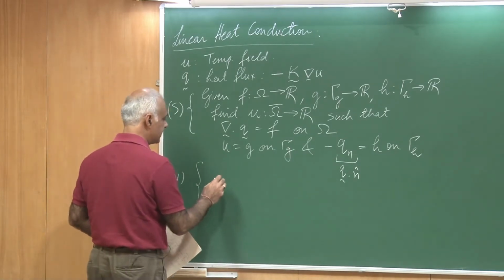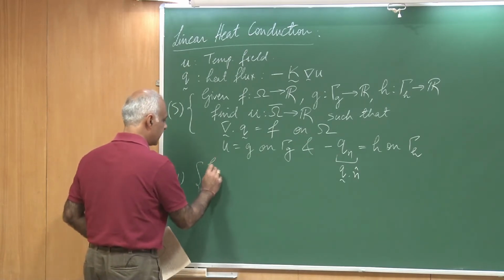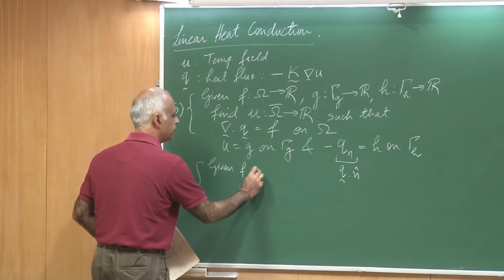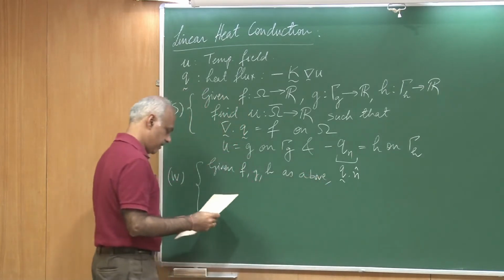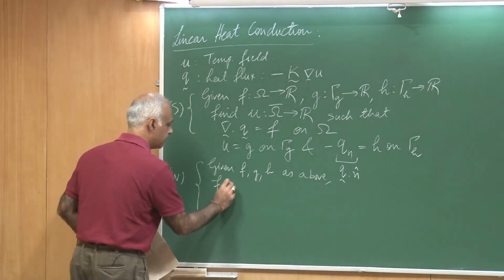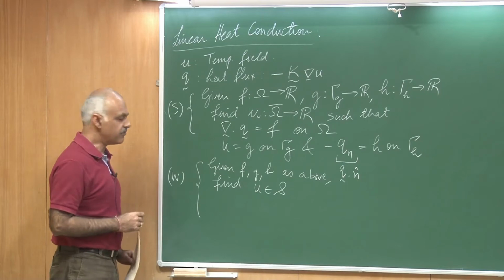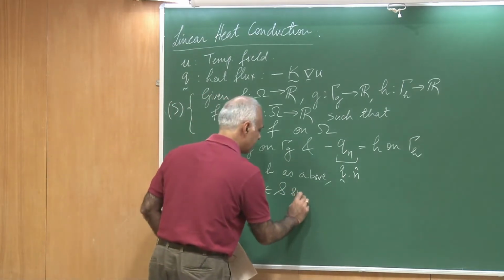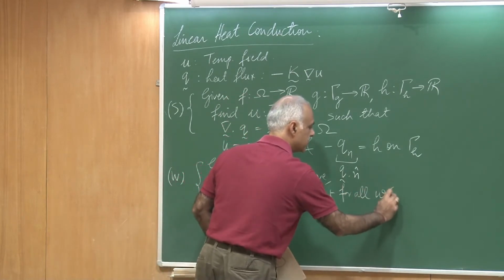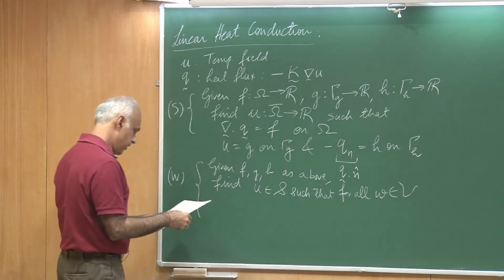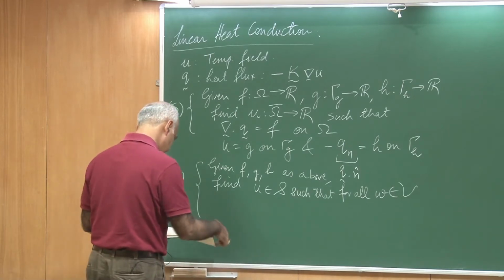So, we defined S and V, the two spaces, and again we said that given F, G, H as defined above, I must find a U that belongs to this space S, and I will define this space very shortly, such that for all W's that come from this space V, I must satisfy the following condition, and the condition is very simple.